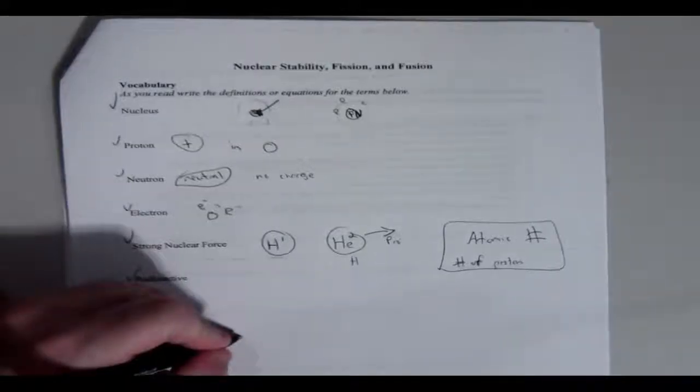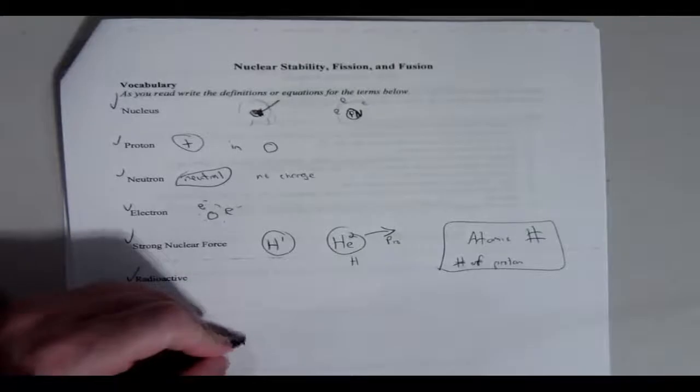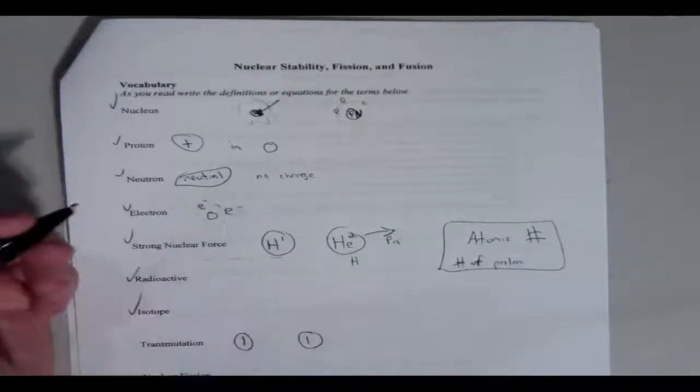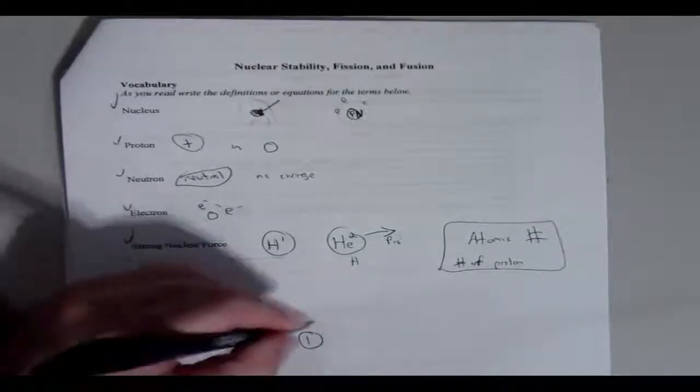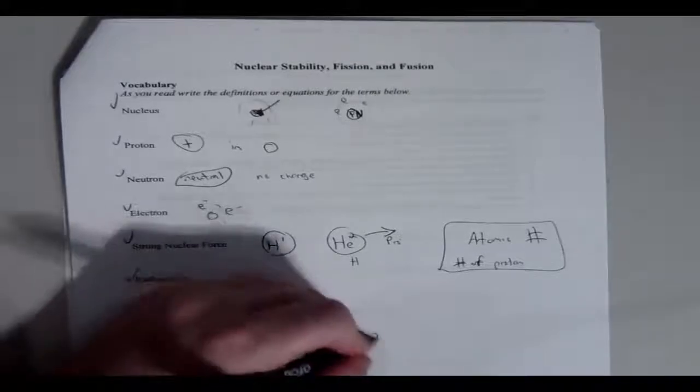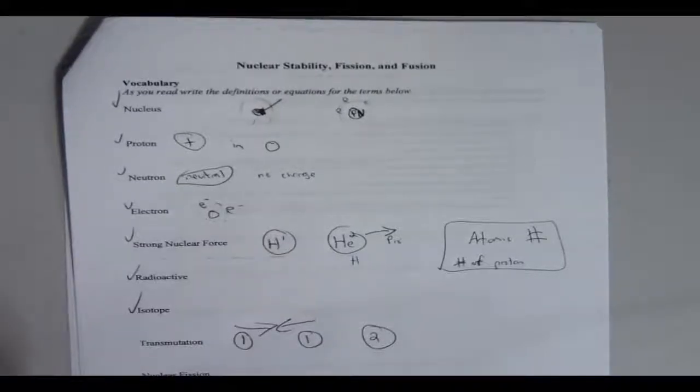They take two number ones, which is just hydrogen, right? They smash them together, they fuse, and then they become a number two. And that's how you have all these elements. The elements in your body are essentially made in stars, right?